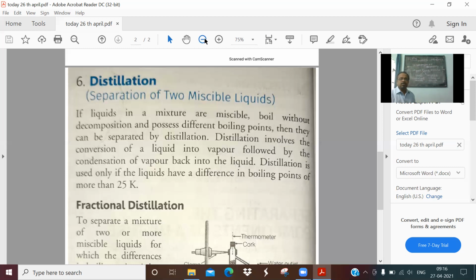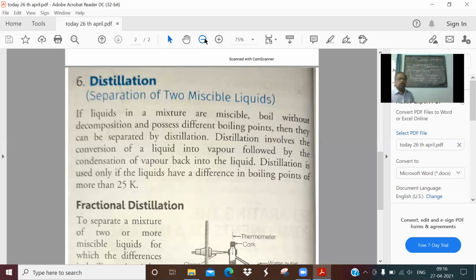So there is an activity which is describing distillation. Now fractional distillation, the next word is written. You just see to that, fractional distillation. Suppose the liquid mixture has more than two components, there we use the term fractional distillation. Suppose only an alcohol and water mixture is to be separated, we call it simple distillation.